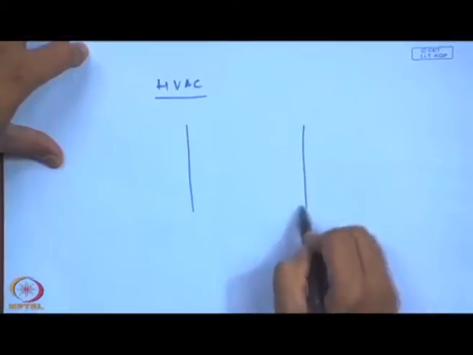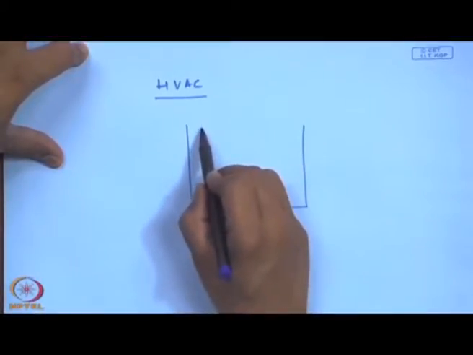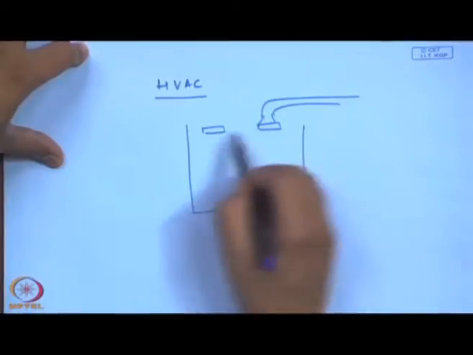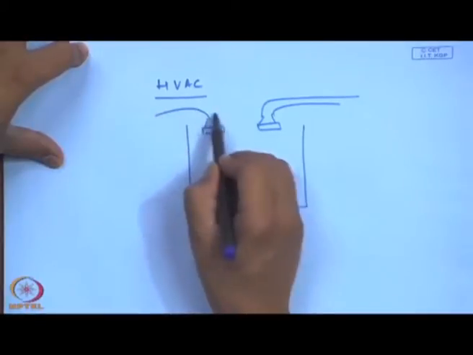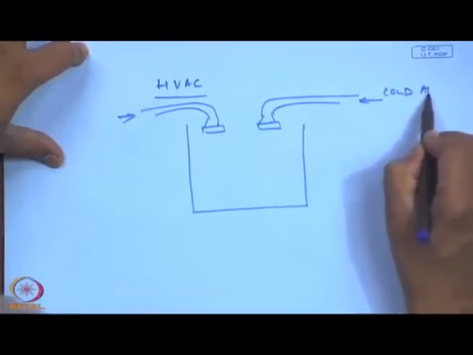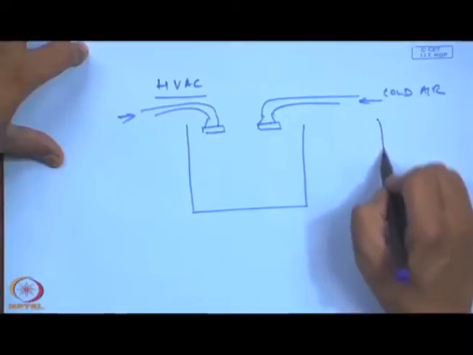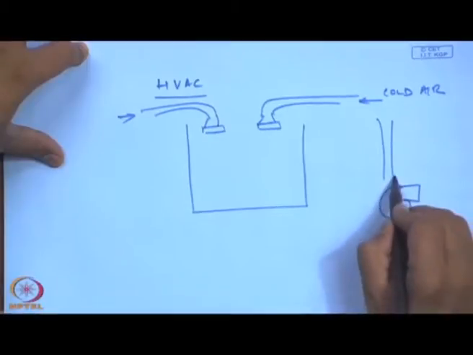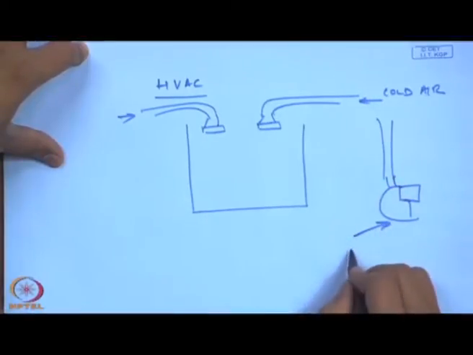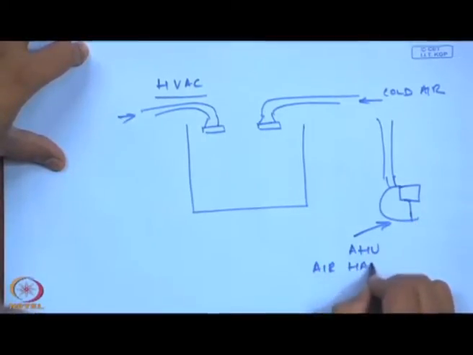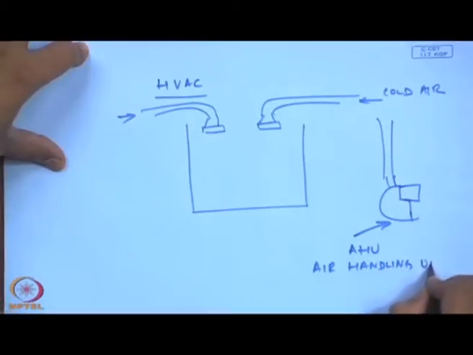So, HVAC systems many a place, many a times in rooms we have diffusers on the ceiling and which are connected to ducts, okay, which brings in cold air in an AC system, and these are actually fed by a blower, okay, and these are known as the AHU, air handling unit.